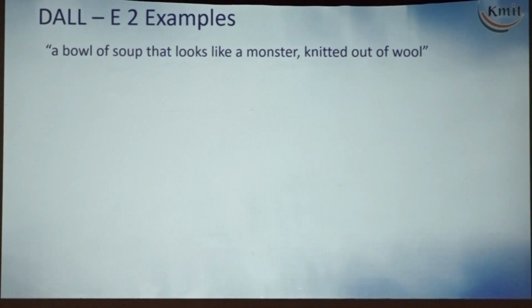And how did you generate that? It exactly mimics the brain. How did you generate that image in your brain? Based on these words, you know what a bowl is, what soup is, how it looks, and what a monster is. You know all these words and how those objects are.